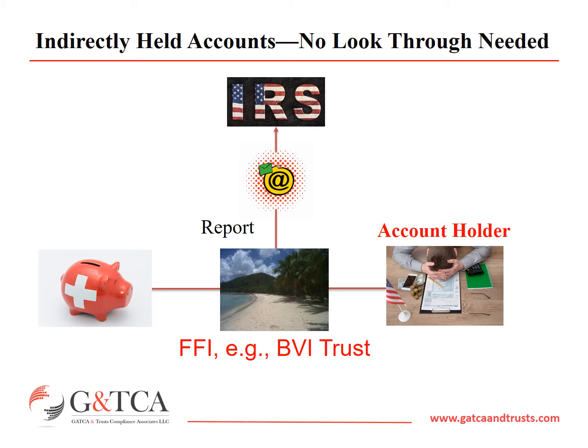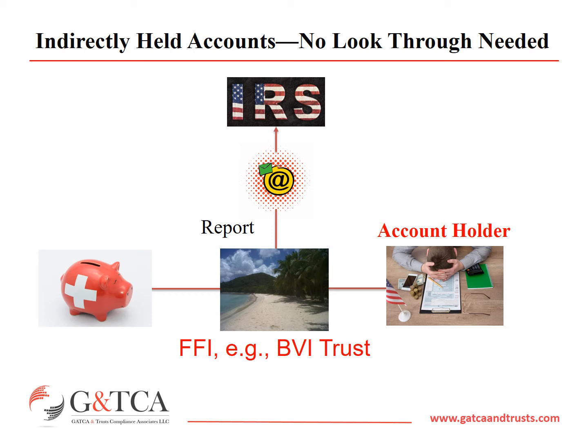But if it's an FFI that has an account at another FFI, in this case, this BVI trust has a bank account at a Swiss bank, then what happens under FATCA is that the FFI that's closest to the US person does the reporting. The Swiss bank here does not look through the BVI FFI trust.